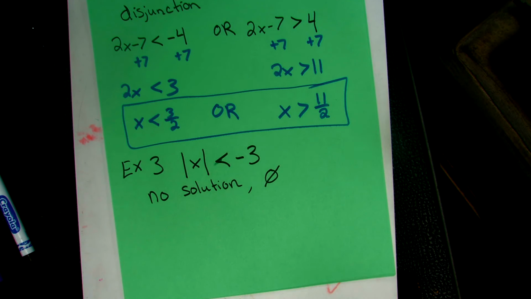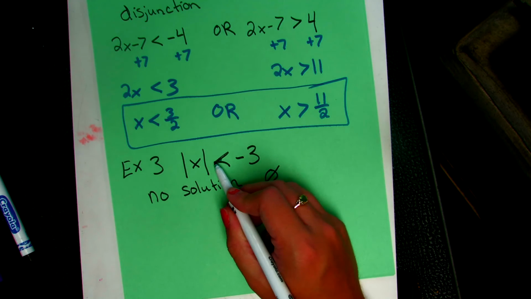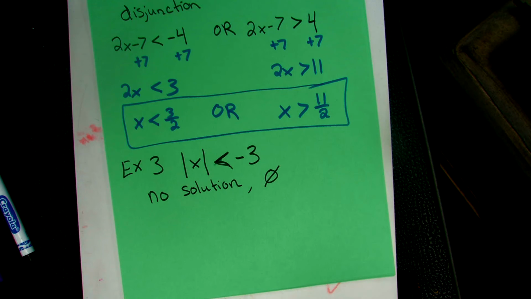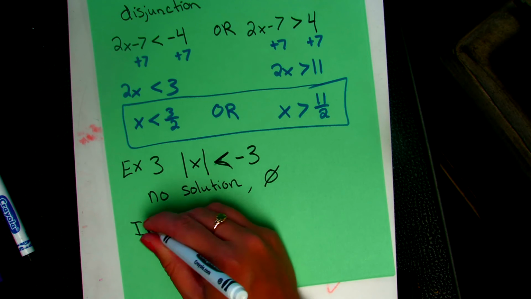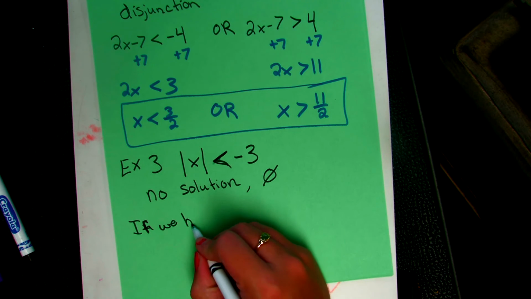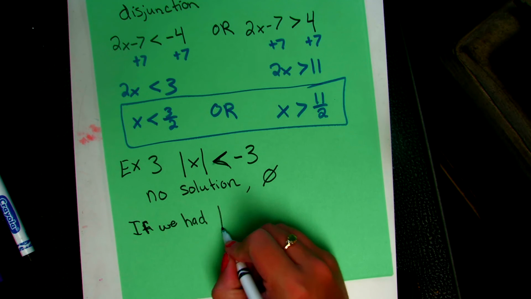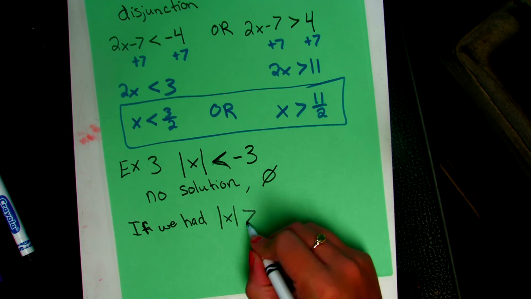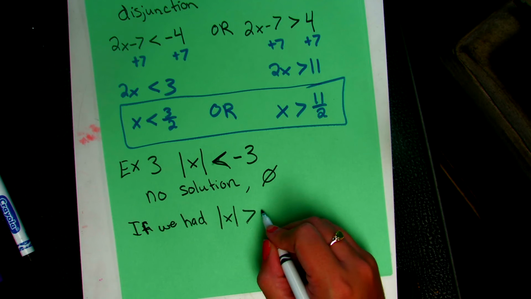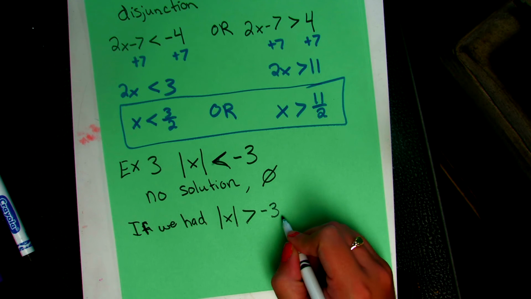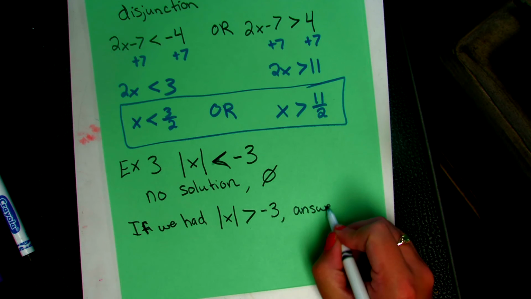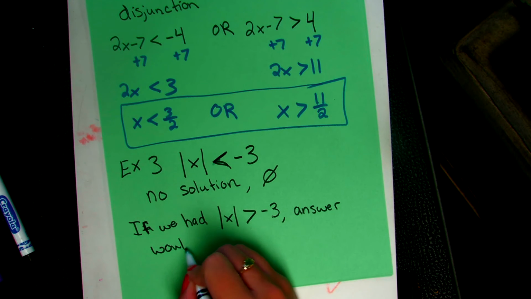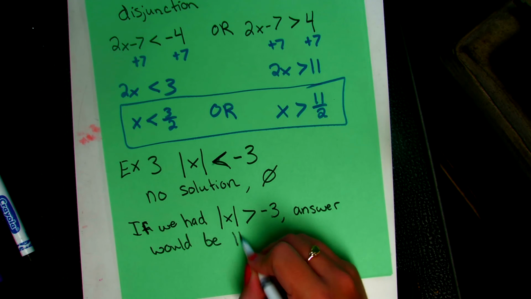However, we have to be careful because we said this was less than, right? However, if we had the absolute value of x is greater than negative 3, then that means we would have the answer all real numbers.